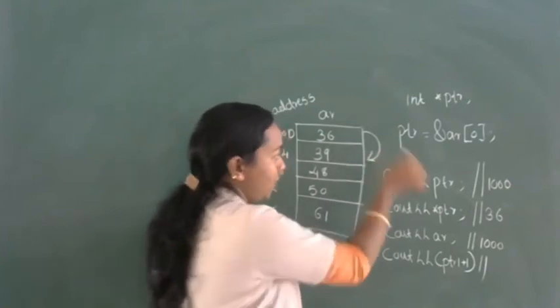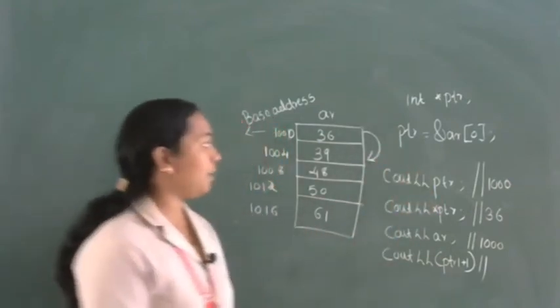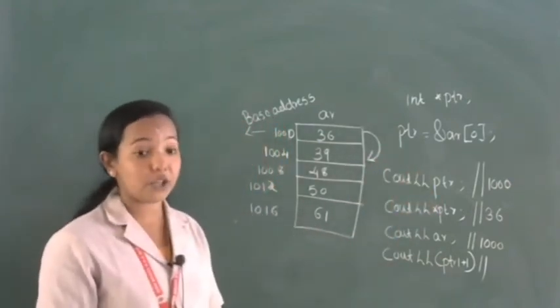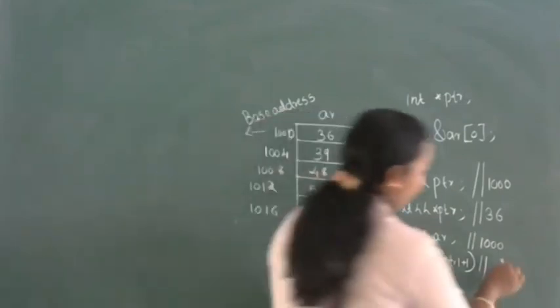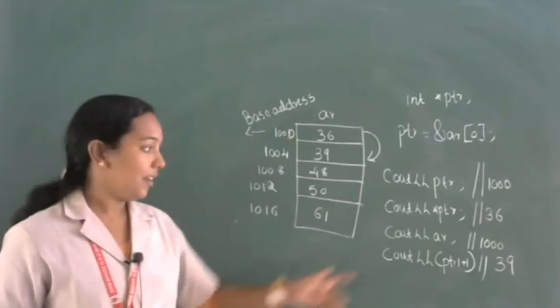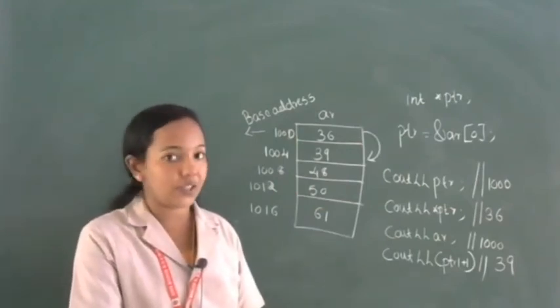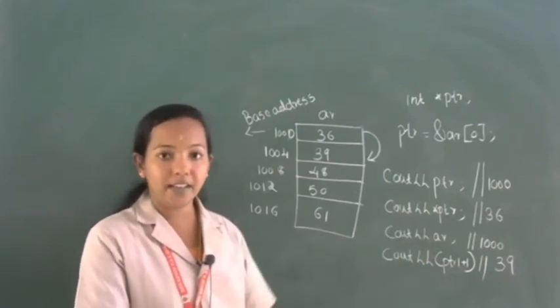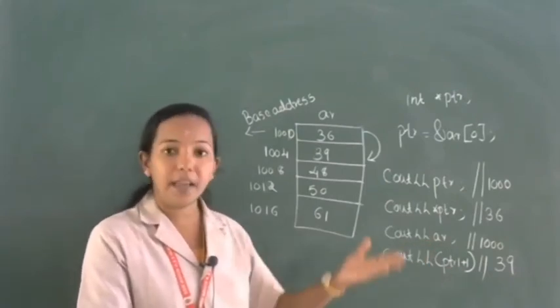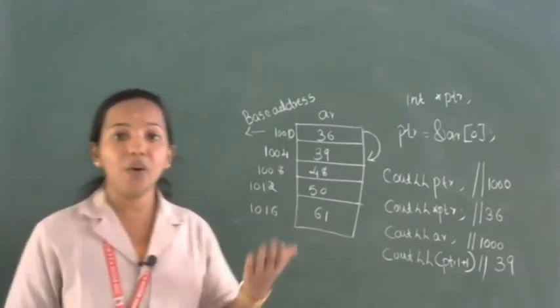It will point to the next location. Which element is present at the next location? 39. So the answer is 39. So PTR plus 1 belongs to the pointer arithmetic category, where we are incrementing a pointer variable by 1.